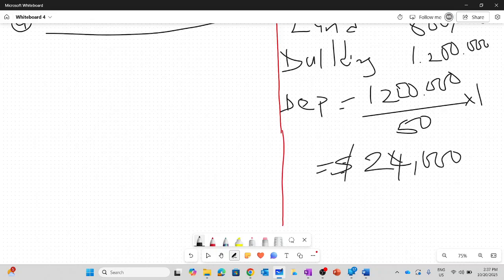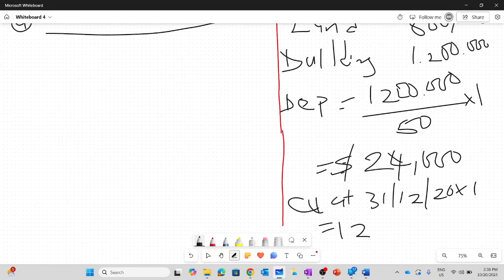Therefore, the carrying value of the asset at 31st December 20X1 equals the value of the building minus the depreciation.